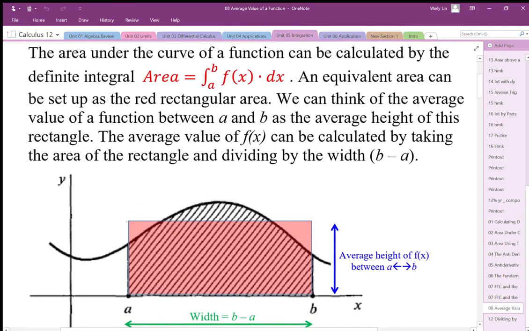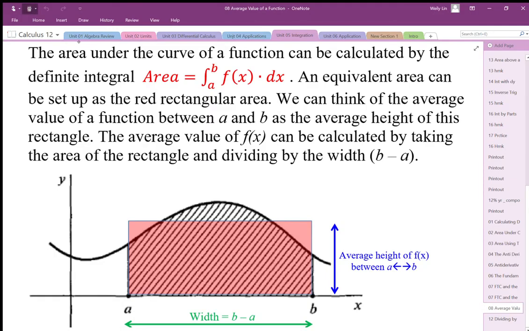We're going to find the average height of that black line by taking the integral, finding the area under the curve, rearranging that black area into a rectangle, and saying that if I divide that area by the width, I'm going to end up with the height.